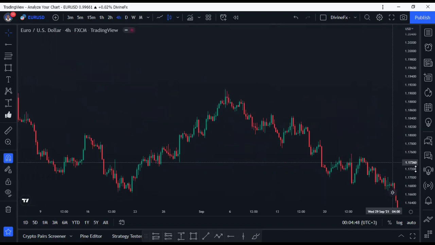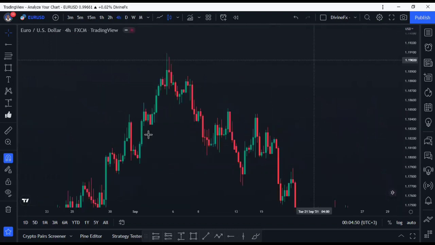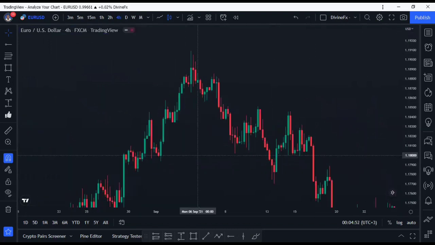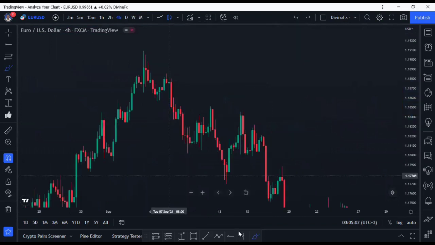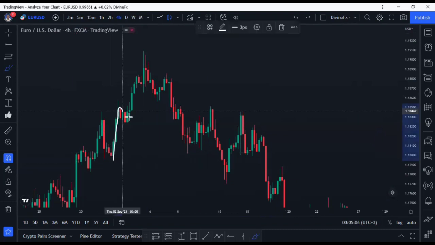Over here, you see, we had a series of highs and lows, higher high, higher low. Over here, we have this higher high, higher low, higher high, higher low, higher high, lower low. Previous highs and lows have been broken at this point.